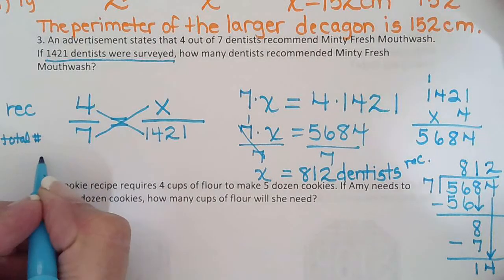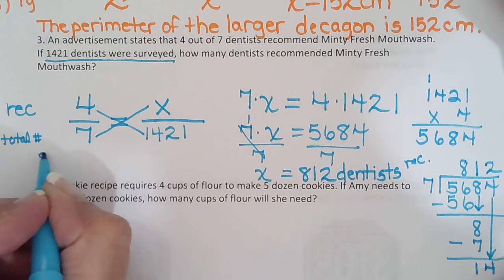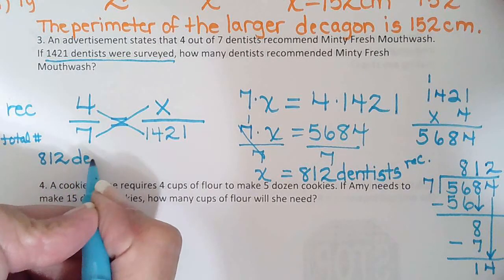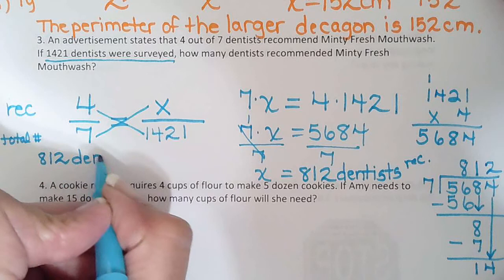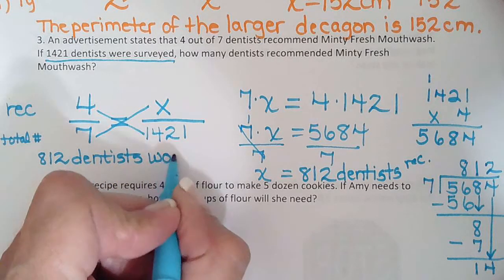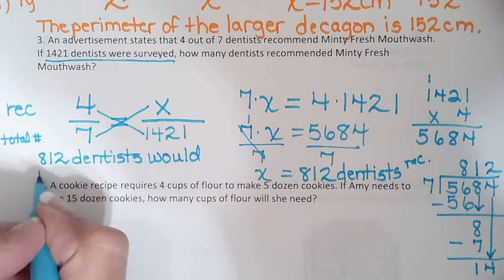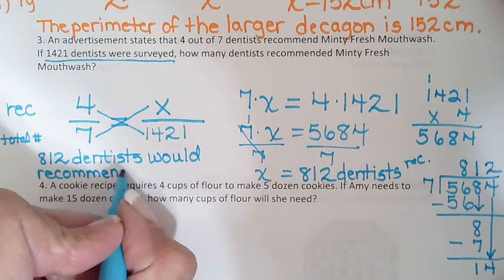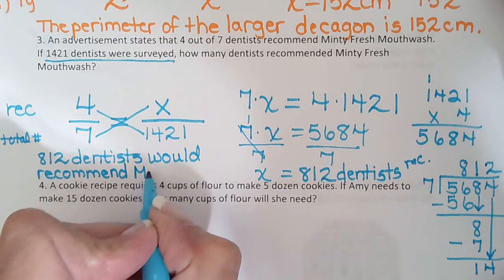I know we're not supposed to start a sentence with a number, but don't tell anyone. 812 dentists would recommend Minty Fresh.